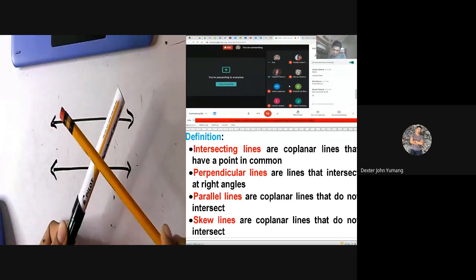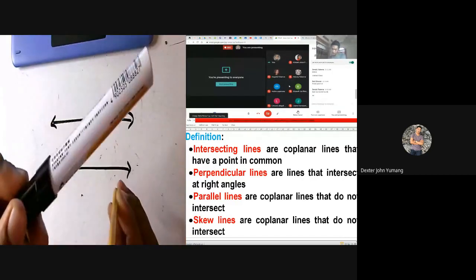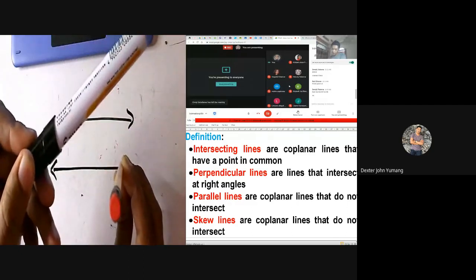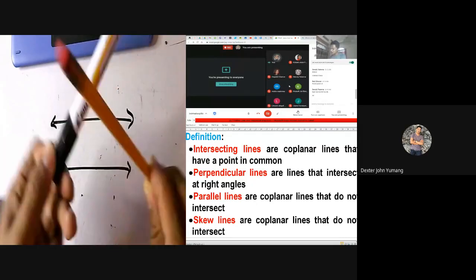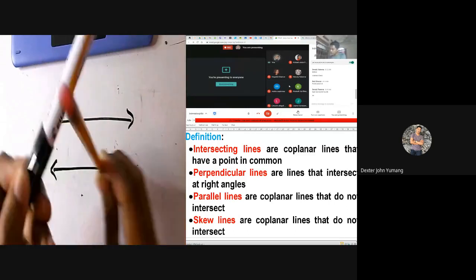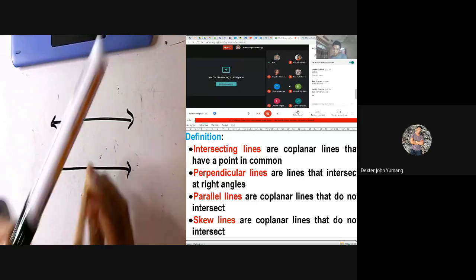Yes, tama, di ba? So, nag-intersect sila. Pero, if you are going to look at the other side, nag-intersect ba sila? Giniro-tate ko siya. If you're going to look at the other side, intersect ba sila? No. Ang tawag dyan ngayon, skew lines. Kasi pag tingnan mo siya sa other side, nag-intersect, pero pag umikot ka, hindi pala. Ang tawag dyan, skew lines.